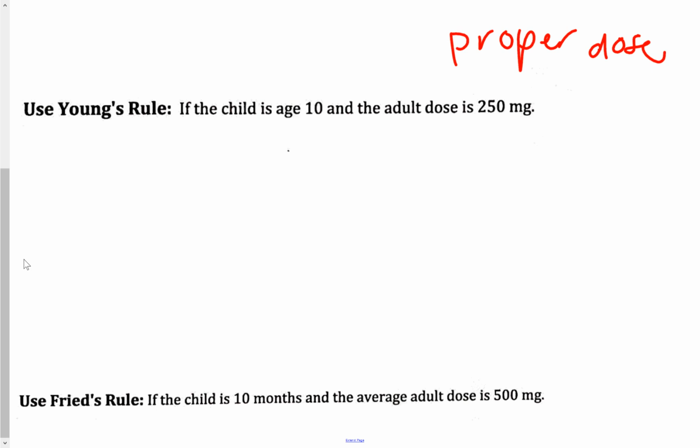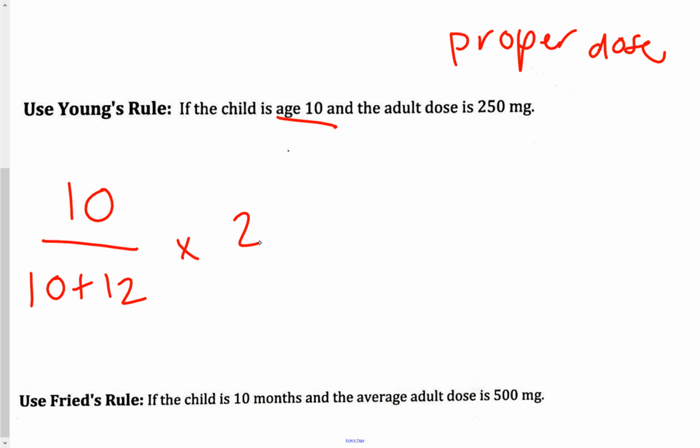Okay. Use Young's rule. So Young's rule says if the child is age 10 and the adult dose is 250. So Young's rule says that you need to take the age of the child in years, which is 10. And then that formula says you take the age of the child in years and you add 12 to it. And then that one you multiply times the average adult dose. So this is going to end up being 10 over 22.